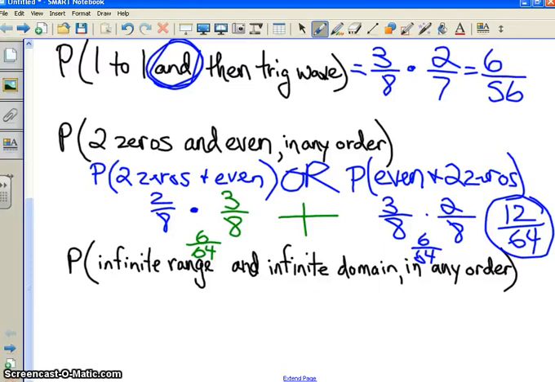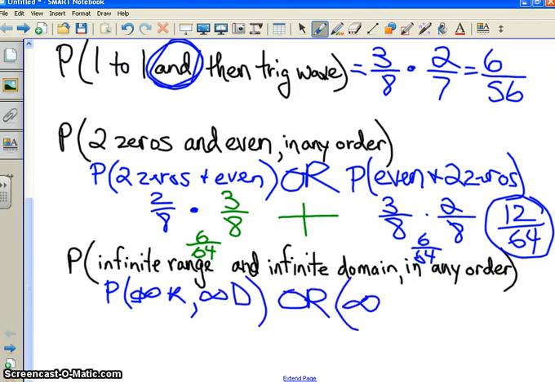And lastly, probability of picking a function with an infinite range and then a card with an infinite domain in any order. So same thing. We could get an infinite range and then infinite domain, or we could pick a function with an infinite domain first and then an infinite range second.